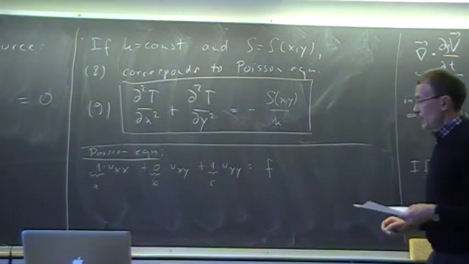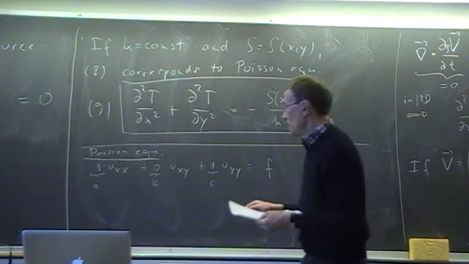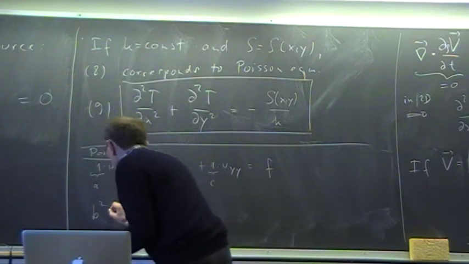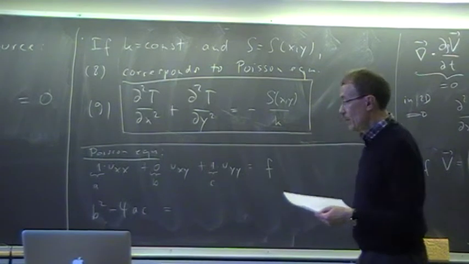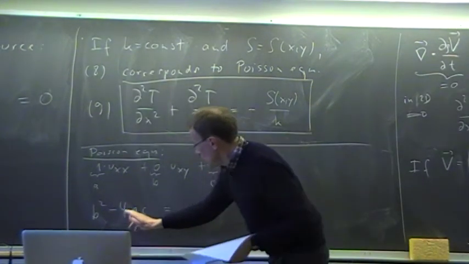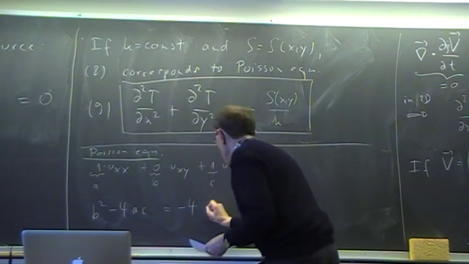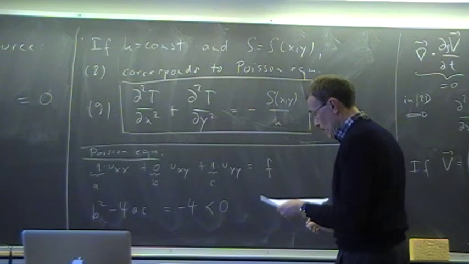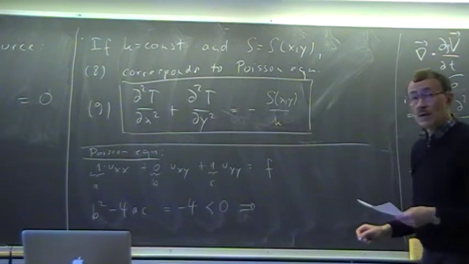And then we argued the discriminant that we get decides on the mathematical character. The discriminant is b squared minus 4ac. If you put in the values that we have, b is 0, minus 4 times 1 times 1, we get minus 4. So this is clearly smaller than 0, and then the PDE is elliptic.